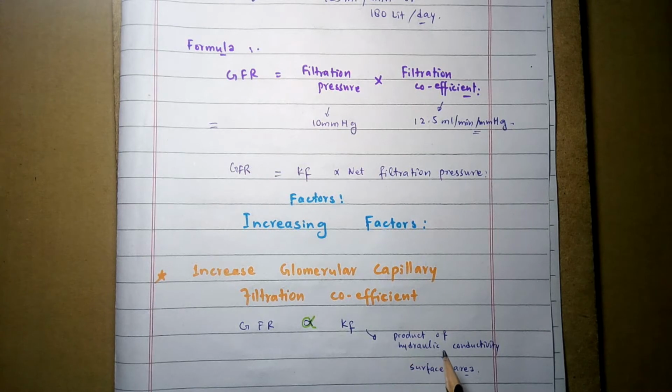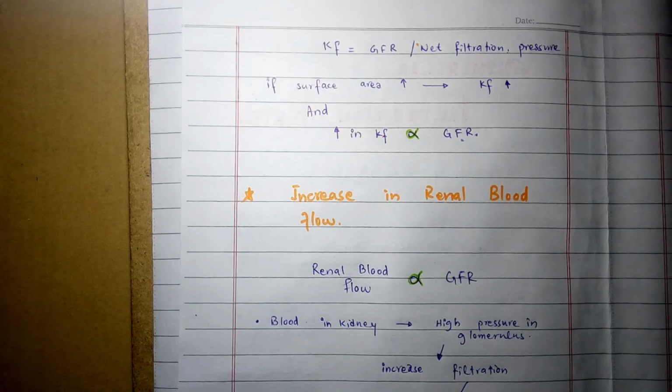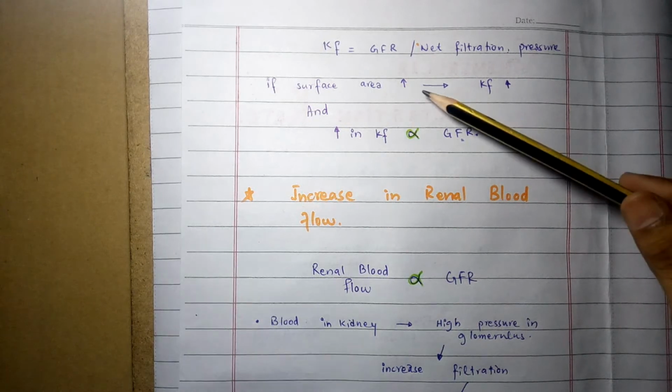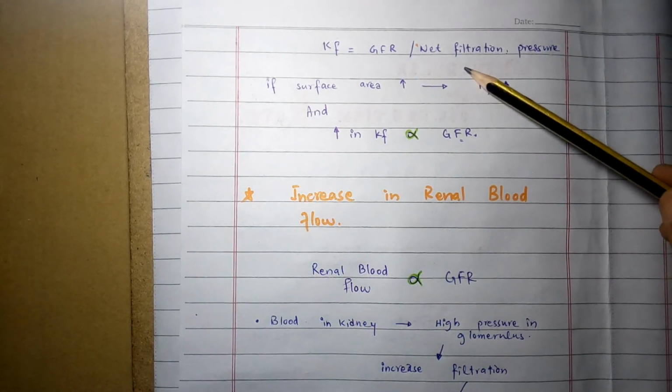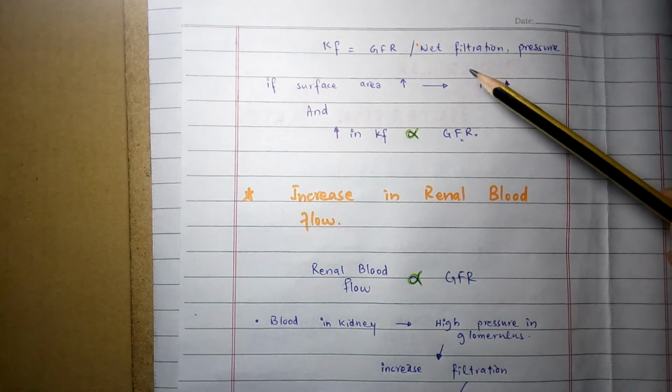Kf is a measure of the product of the hydraulic conductivity and the surface area of the glomerular capillaries. Kf is equal to GFR divided by the net filtration pressure.